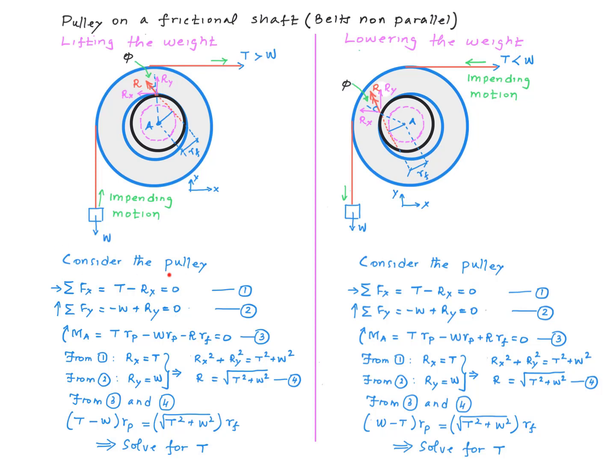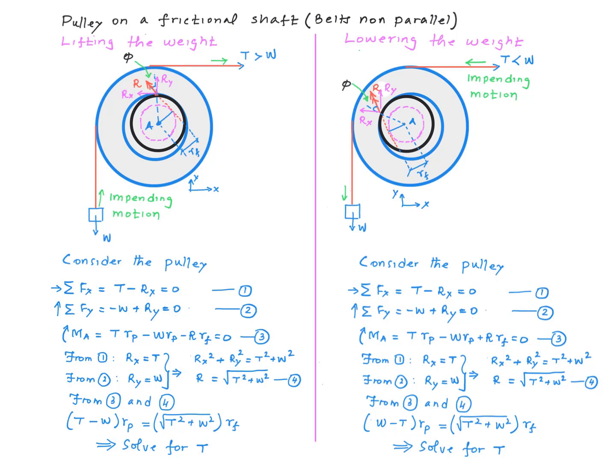Now considering the equilibrium of the forces acting on the pulley, here are my two force equations, one written along the X direction, the other one written along the Y direction. So we'll go ahead and take a moment about point A, which is the center of the shaft, instead of taking the moment about the contact point like we did in the earlier case. So these equations are fairly straightforward. I'll let you follow.